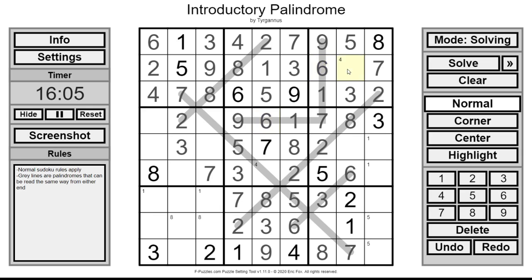Now those are 6s, and this is a 4. Which makes this a 1, 4 pair. And that's the 4. So that's the 4. And this is a 1.